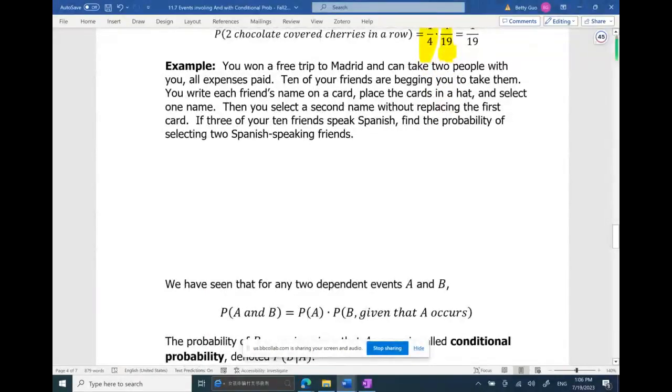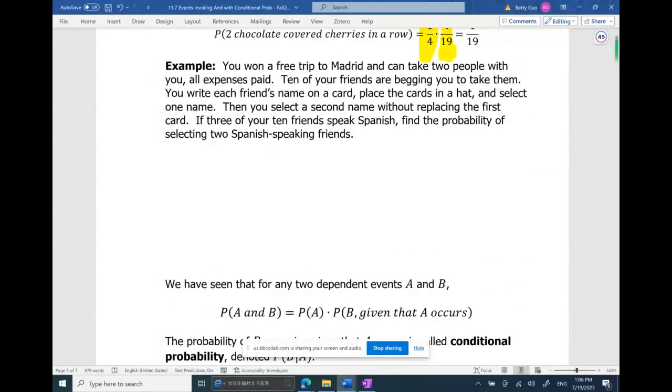All right, this is an example that we need to practice. Let's look at this problem. You won a free trip to Spain and can take 2 people with you, all expenses paid. 10 of your friends are begging you to take them.